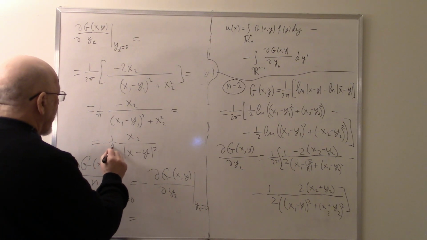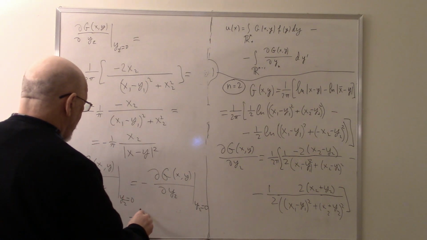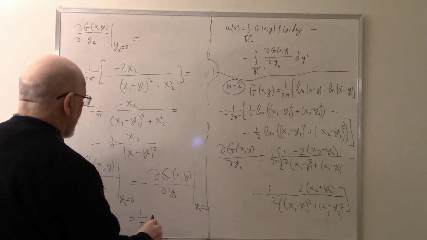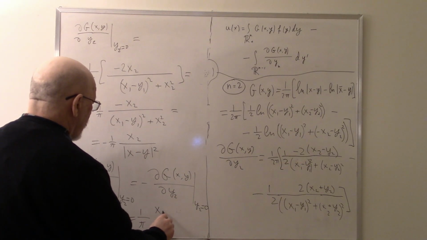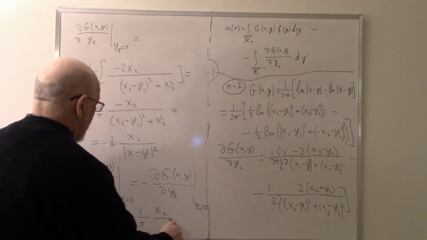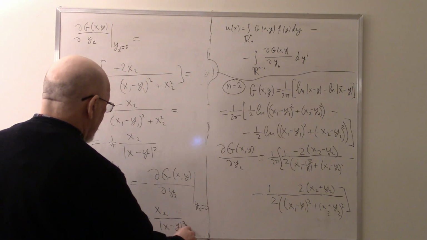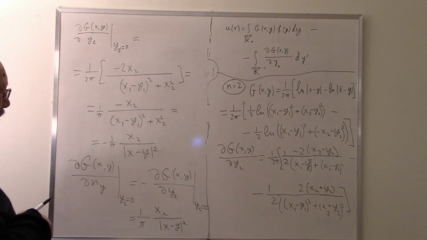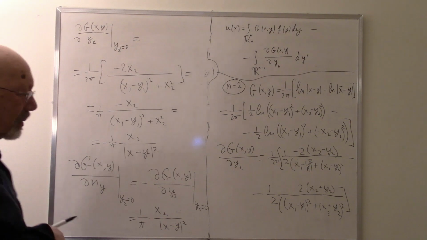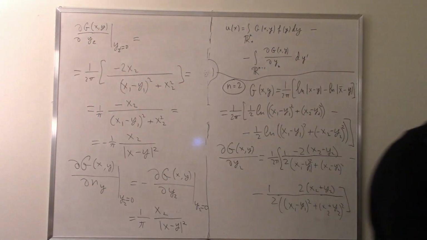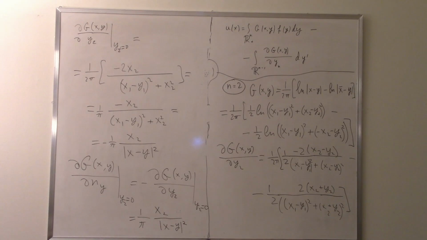Minus 1 over pi equals 1 over pi times x2 over modulus x minus y square. So we found this quite simple formula.